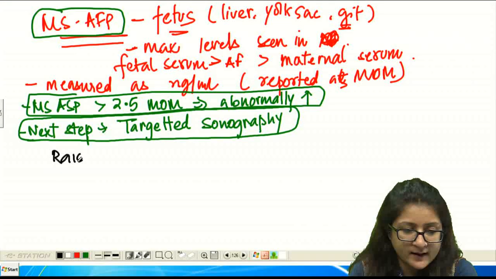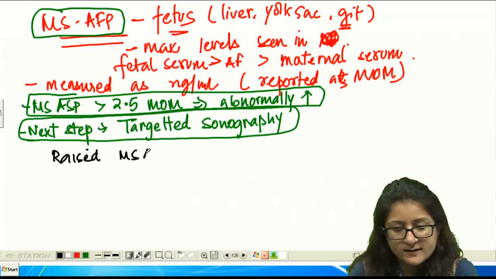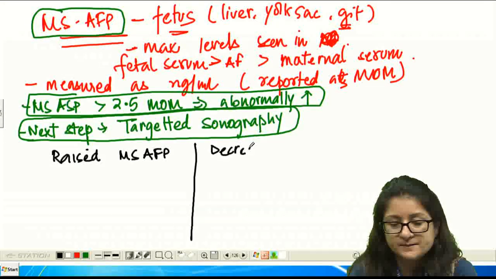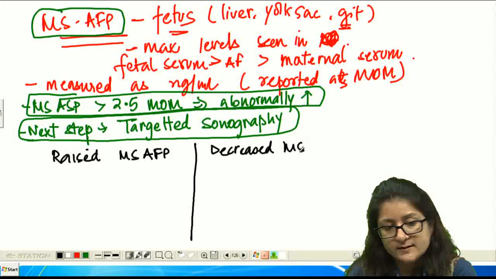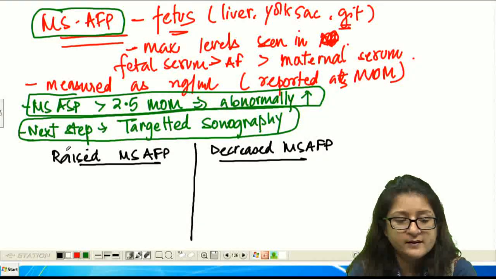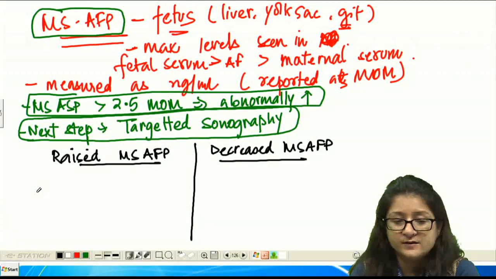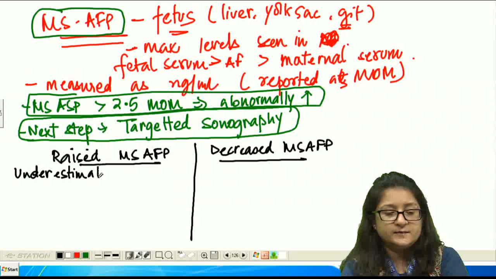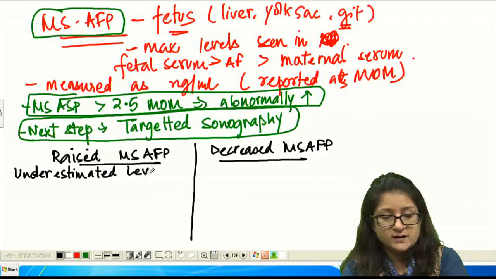So we have conditions which cause raised maternal serum alpha fetoprotein levels and conditions which cause decreased levels. How will we remember? Raised alpha fetoprotein levels are caused first of all by underestimated gestational age, because the levels rise continuously with gestation.